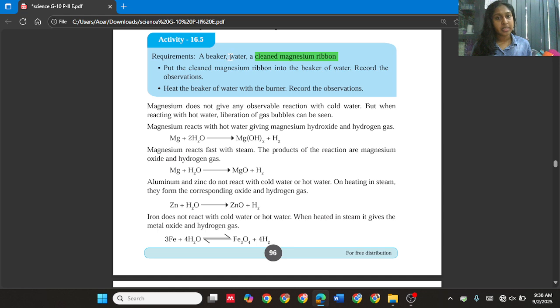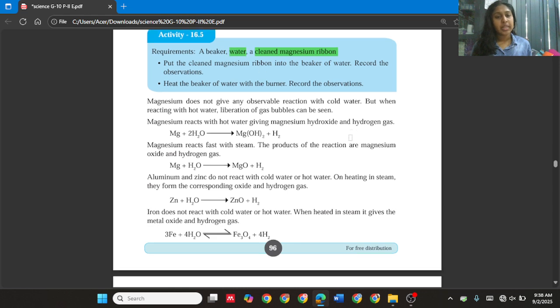So what happened here? Heat the beaker of water with the burner and record the observation. You have to put that clean magnesium ribbon into water and record the observation. It does not give a really fast reaction as it did for sodium, but when you heat it, it will give a very visible reaction.